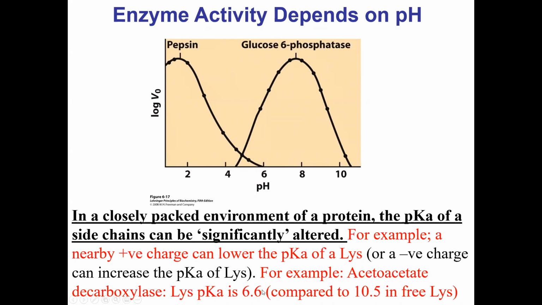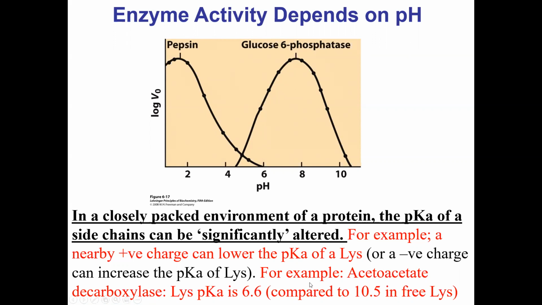So it's 4 units more acidic in acetoacetate decarboxylase, and so that lysine chain can act as an acid or base. Maybe that's why its pK is altered so dramatically. So how is the pK of this lysine so low compared to free lysine? Almost 10,000 fold more acidic than the free lysine.